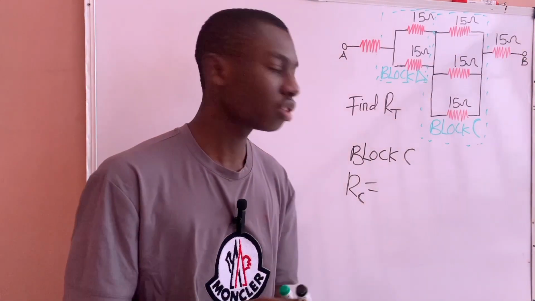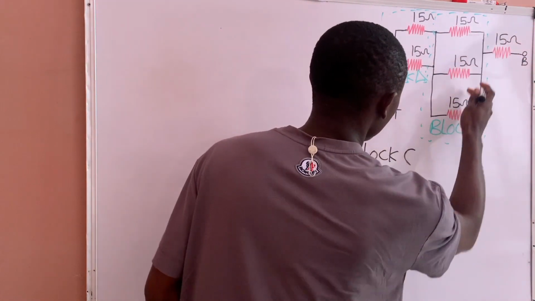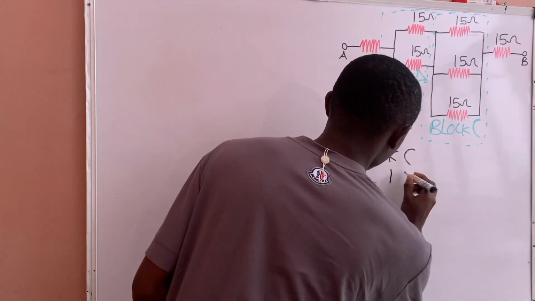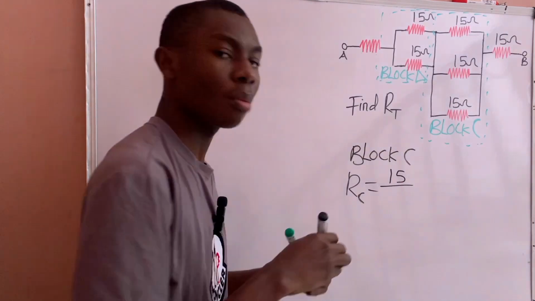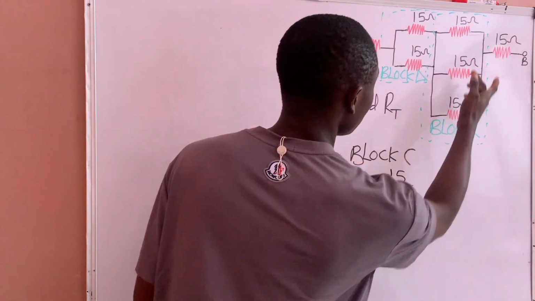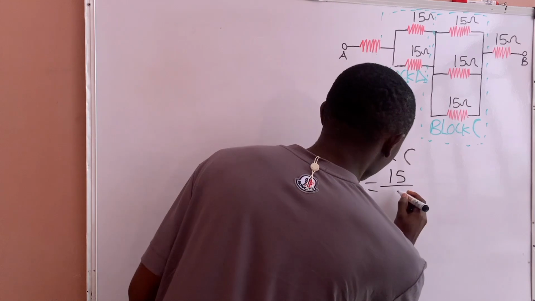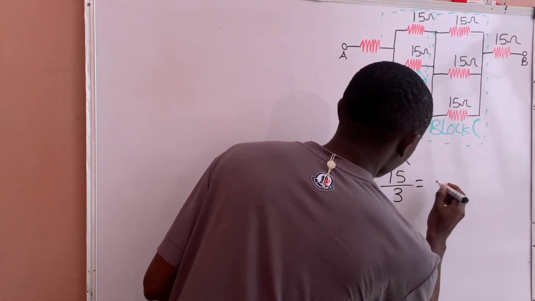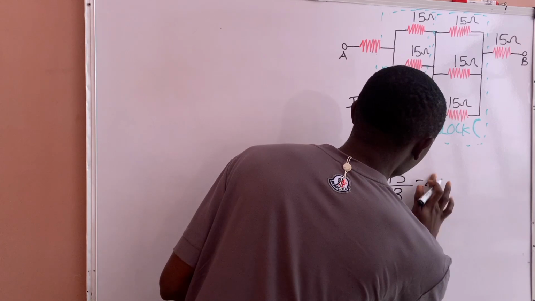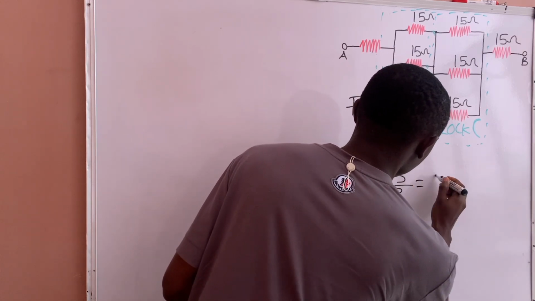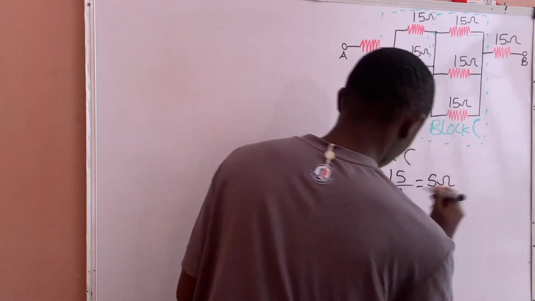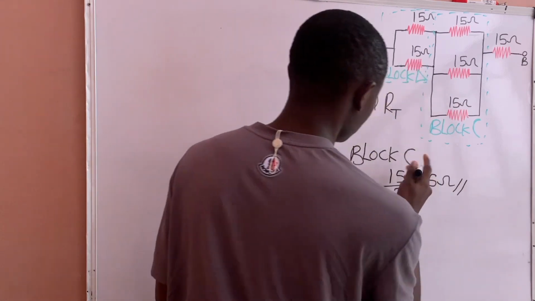Pick one of the resistance values, which is 15, and divide it by the number of resistors, which is 1, 2, 3, so divided by 3. The answer will give us 5 ohms. We are done with block C.